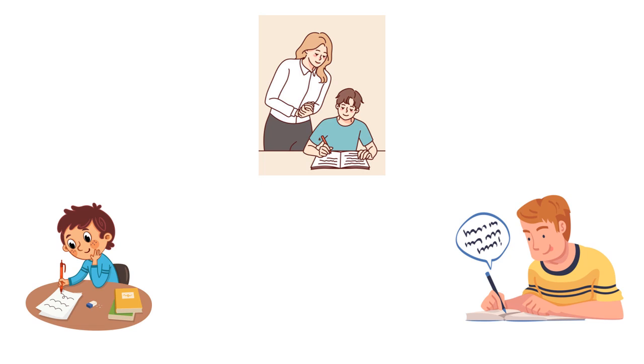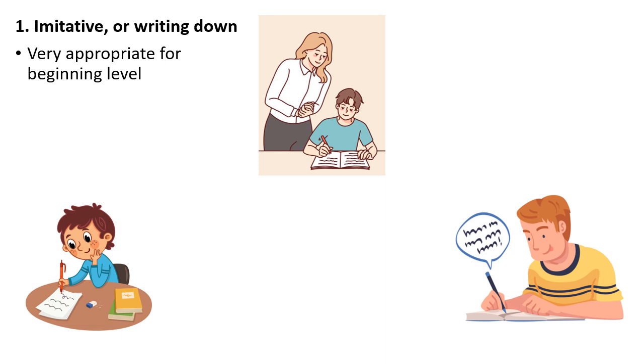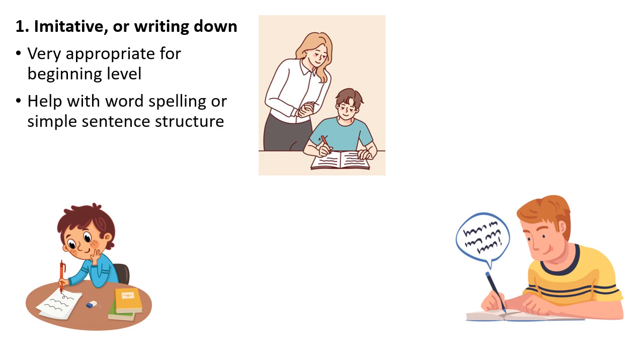First and foremost, we have the imitative or writing down. Assuming you are teaching the beginning level, this is especially good for the students because when they write English words or perhaps some sentences down, it helps them learn the orthography, right? The spelling of the words and some simple sentences just to help them get started to write.